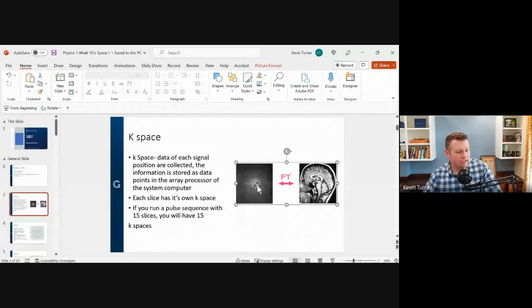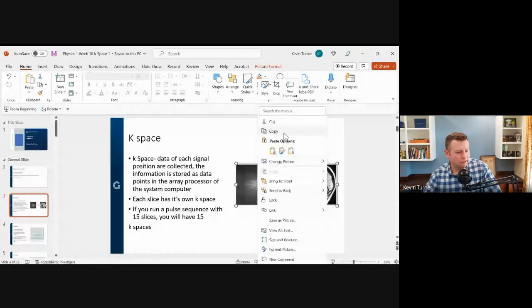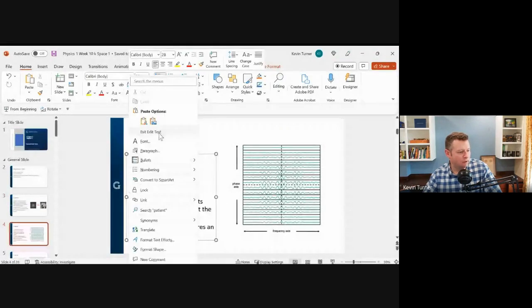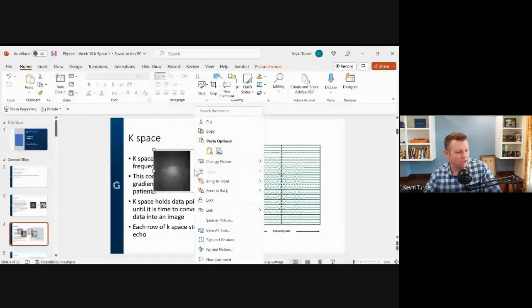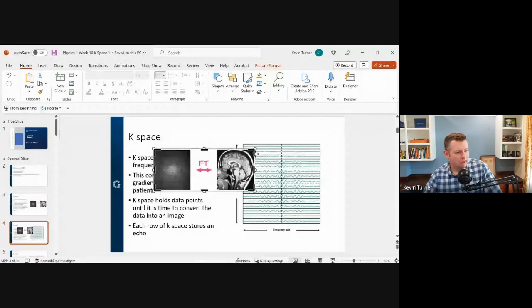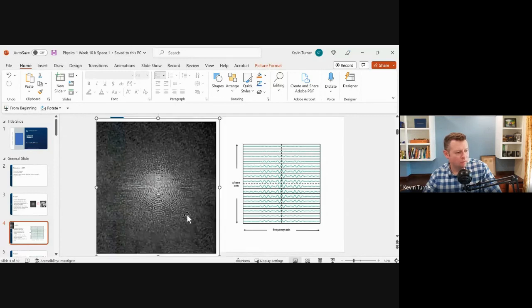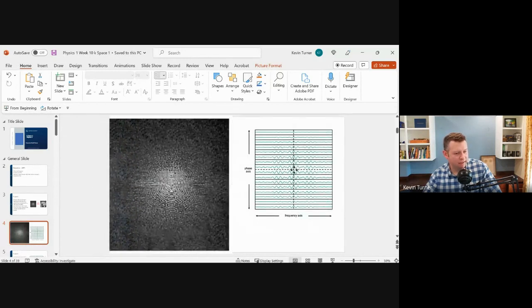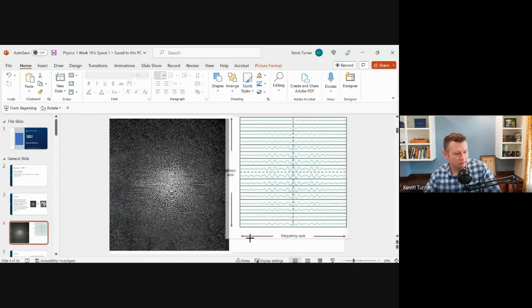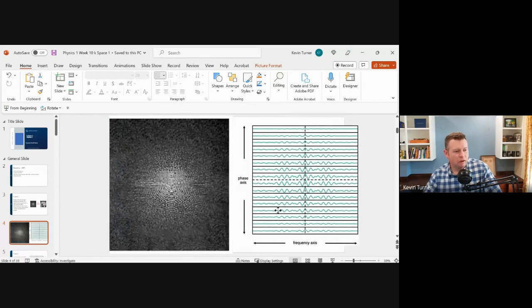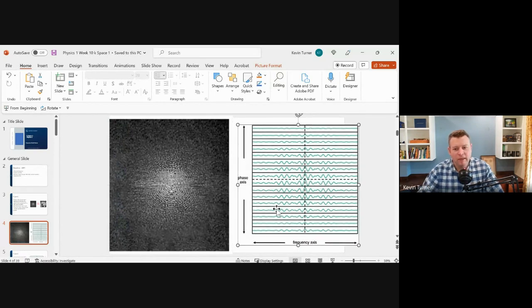So to understand K-space, we use a lot of different models of what we think are ways to understand it, all right? But like I said, in reality, K-space is numbers in a computer. This is one way we can think of looking at K-space, and this is another. If you were to go into the computer and say, instead of giving me an image, just give me a printout of what K-space looks like, the computer will give you this.